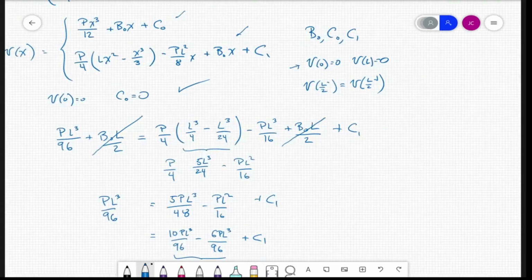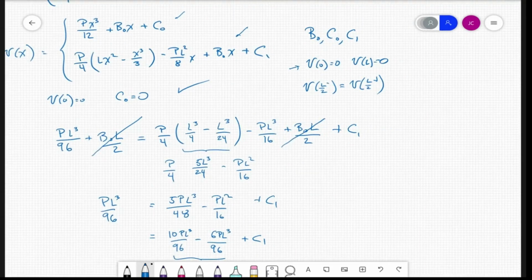So now we have V of X equals PX cubed over 12 plus B0 is still not known, and C0 is 0.